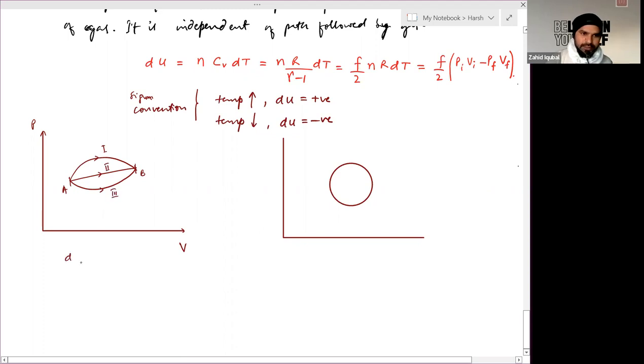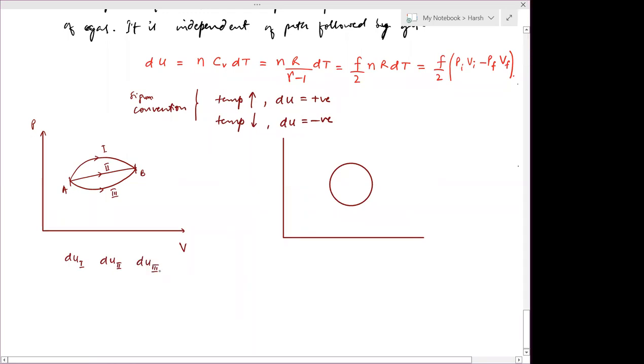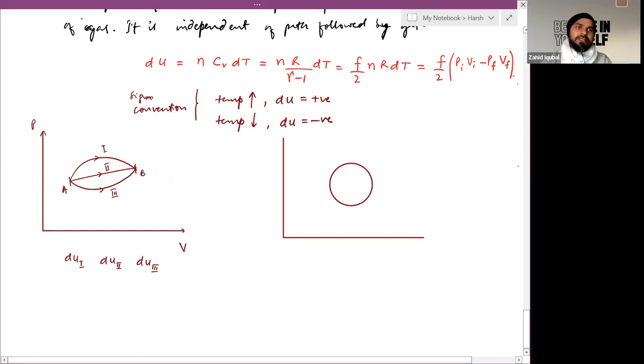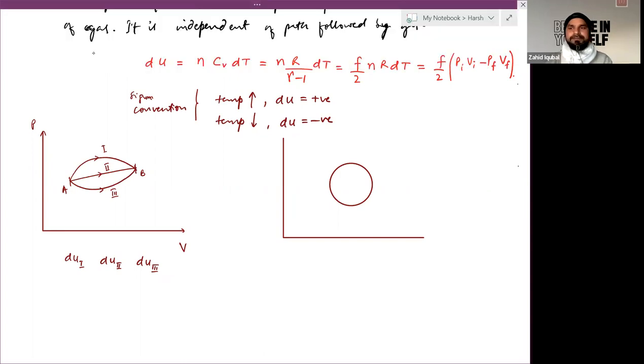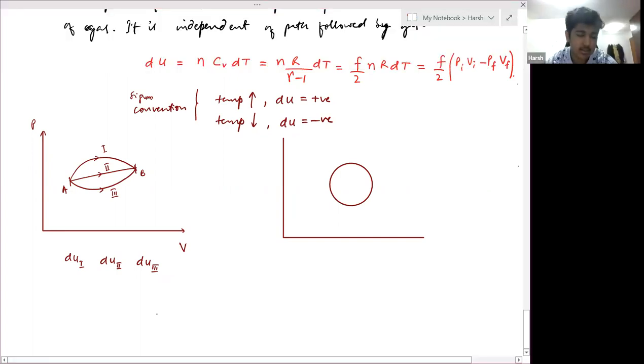So change in internal energy in first process, second process, and third process. You'll be asked how these different internal energies will be related with one another. Any idea, Harsh? Change in internal energy related to one another.